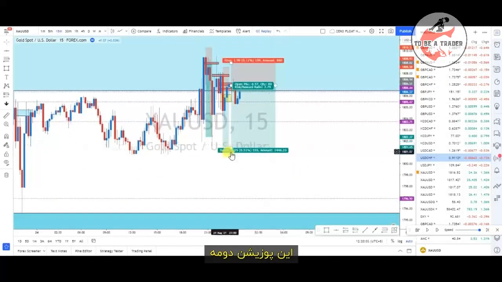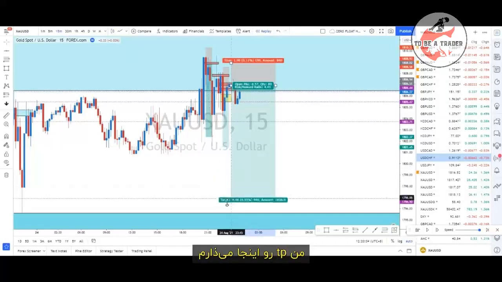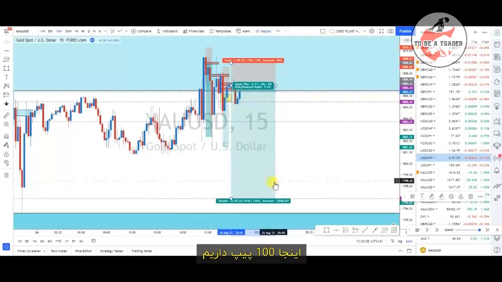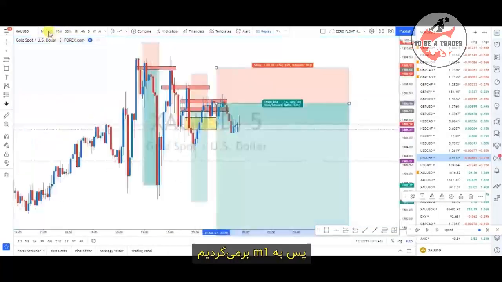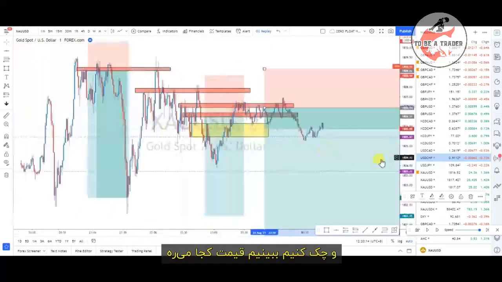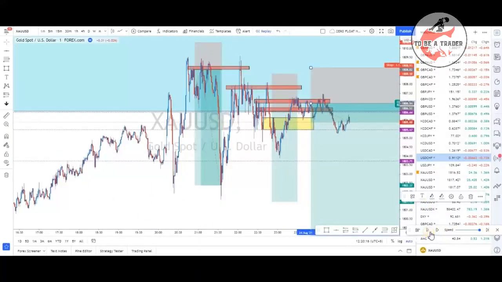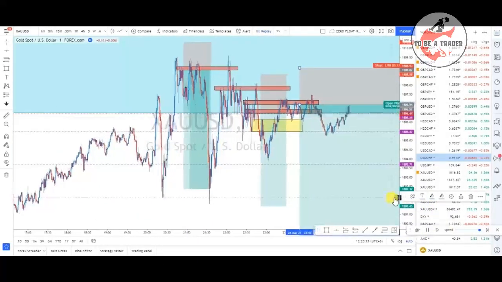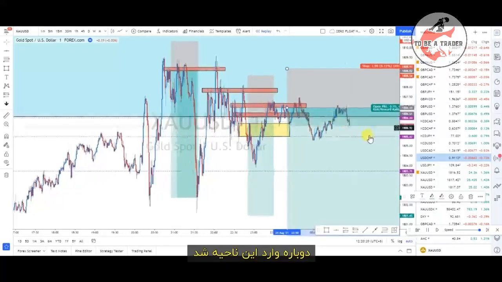So this second position, I'm going to TP here. Okay, so here we have about 100 pips, so the risk reward here is about 5. Okay, guys, so now let's go back to the M1 and check what the price does. It comes back to this area again.